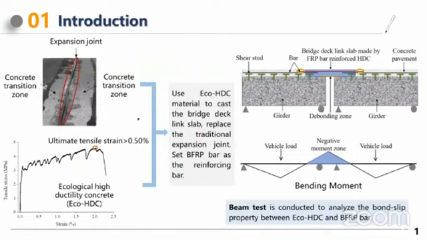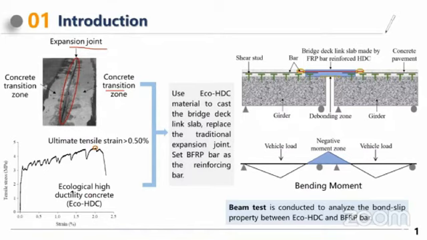In bridge engineering, there is a difference of elastic modulus between the expansion joint and the concrete transition zone, resulting in an inconsistent deformation of the two kinds of materials. Thus, the expansion joint is damaged.